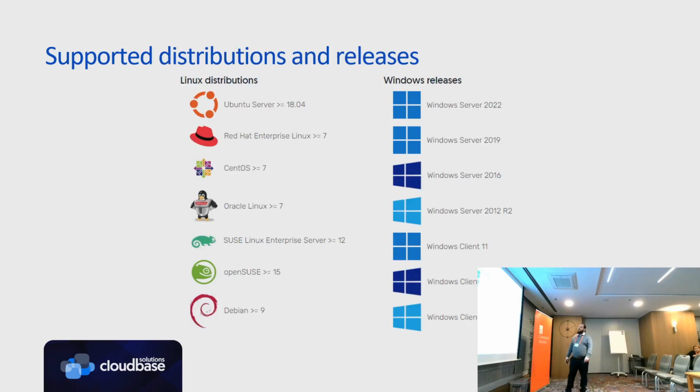And we support a large amount of Linux distributions, as well as most Windows servers. And even though some may be end of life, Coriolis still has code support for them. However, we do not guarantee that this may work, since this is very dependent on what the operating system provider still has available in the sense of drivers for a specific cloud or technologies such as VirtIO drivers and anything like that.